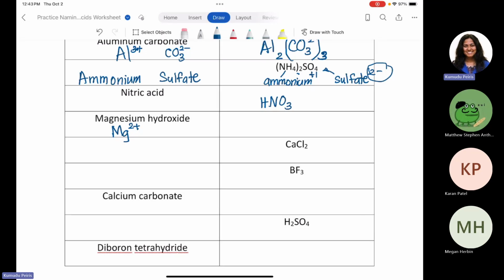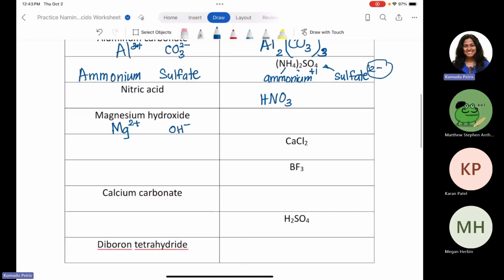Hydroxide is a multi-atom anion, and that is OH minus. Now we can balance it out because the magnesium brings plus 2, hydroxide brings just 1 minus. So we should balance it by putting the subscripted 2 there.